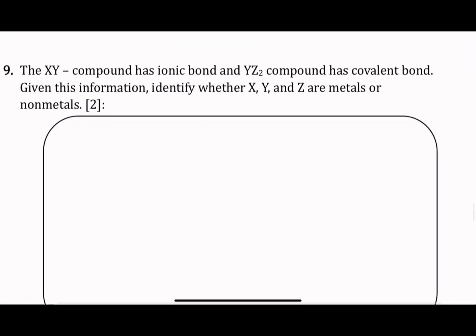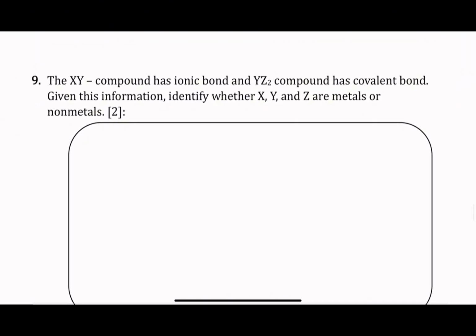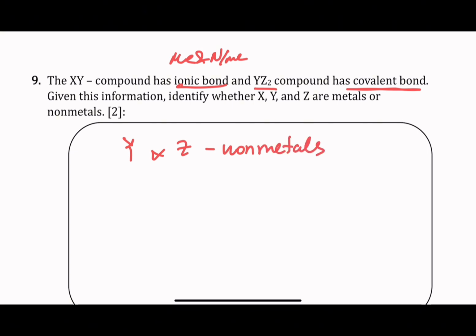Now, in this question, X and Y, it says that it is an ionic bond. The YZ2 compound has a covalent bond. Now, we know that ionic bond happens between a metal and a non-metal, right? While covalent happens only between non-metals. So we know that Y and Z are non-metals right away.